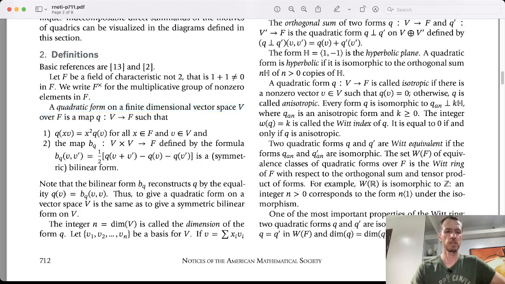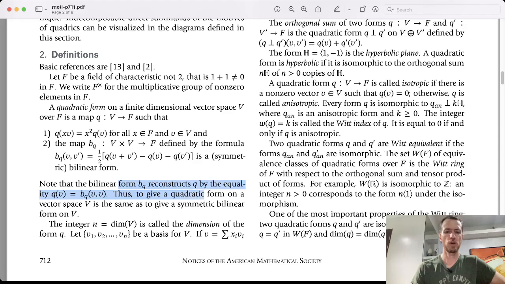Q of xv equals x squared Q of v for all small x in big F and v in big V, and 2. The map BQ from big V cross big V to big F defined by the formula BQ of v, v prime equals 1/2 quantity Q of v plus v prime minus Q of v minus Q of v prime is a symmetric bilinear form. Note that the bilinear form BQ reconstructs Q by the equality Q of v equals BQ of v, v.